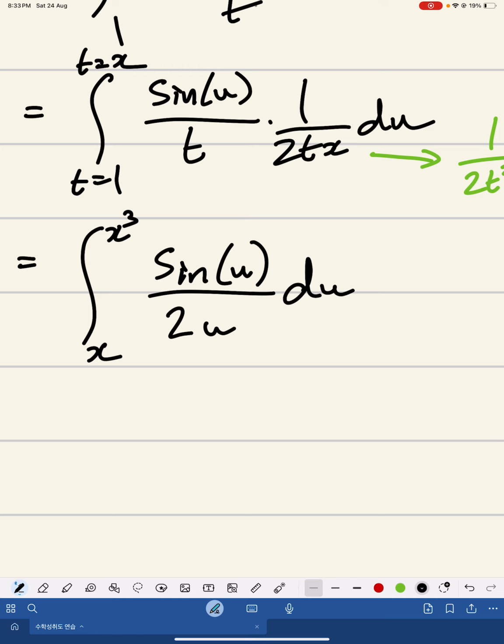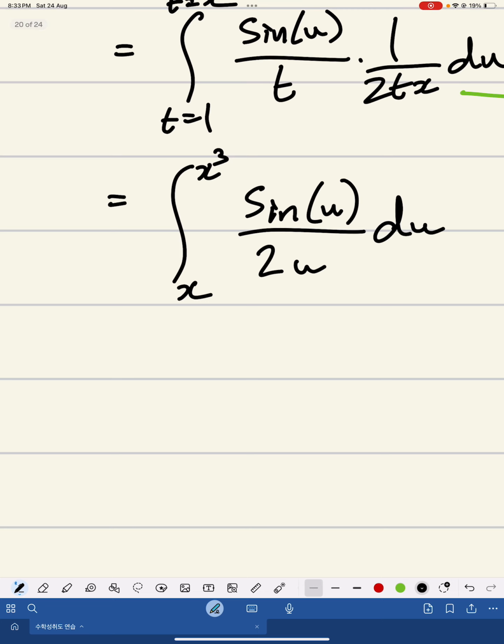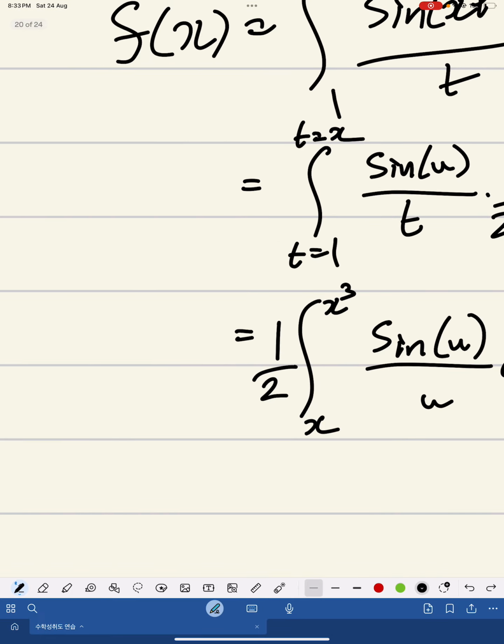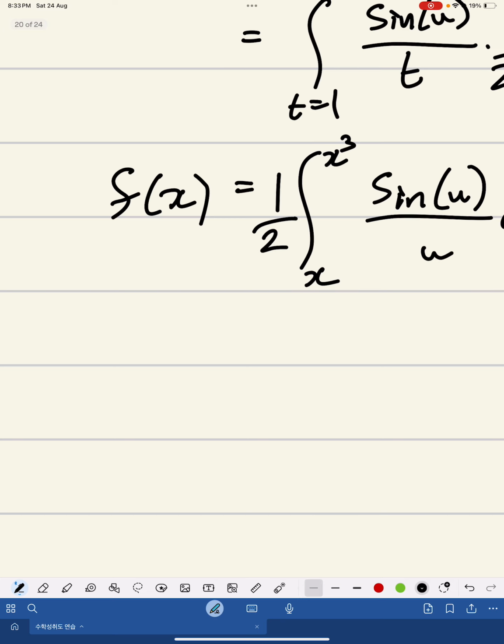And this we can integrate by parts, right? So I'll actually put the 1/2 outside the integral. No, we're not actually integrating here, right? So this is f(x). I want to find f prime of pi.